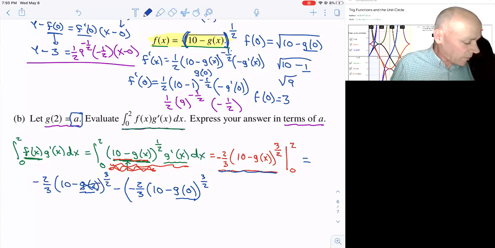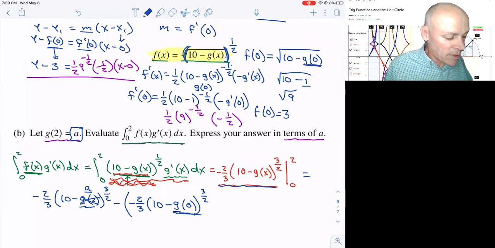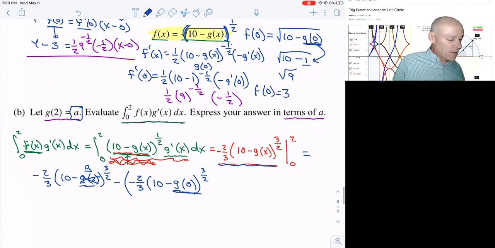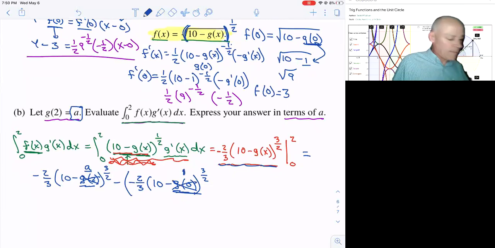Just going to cross it out and write a there. You okay with that? Now g at 0, I've seen that before. Here it is right here when I was using that one. G at 0 is 1. Okay, that's on the graph. So g at 0 is 1. Crossing that out, I'm putting 1. I'm done. I'm moving on.